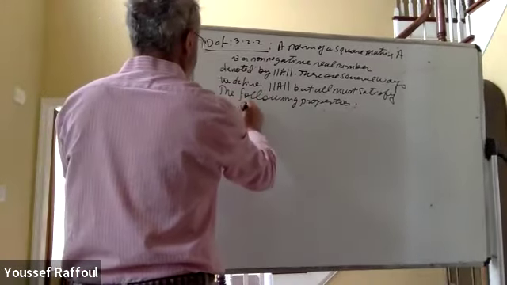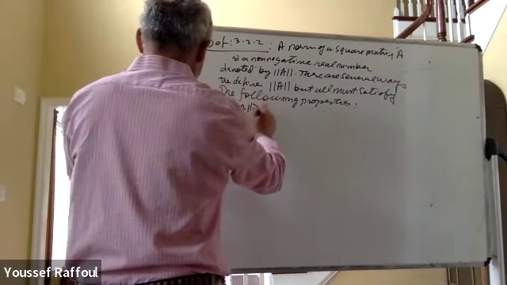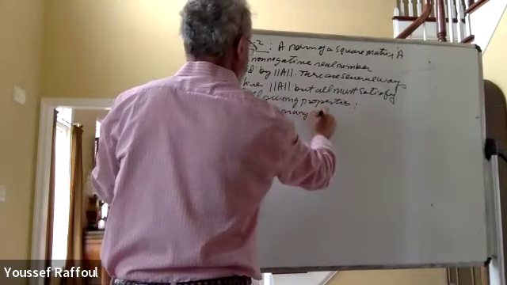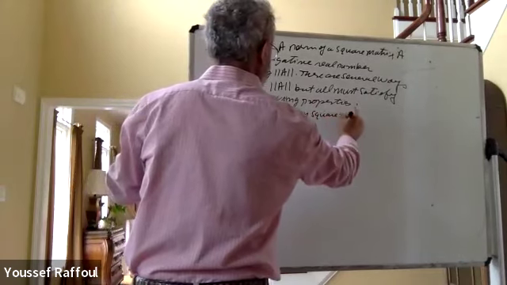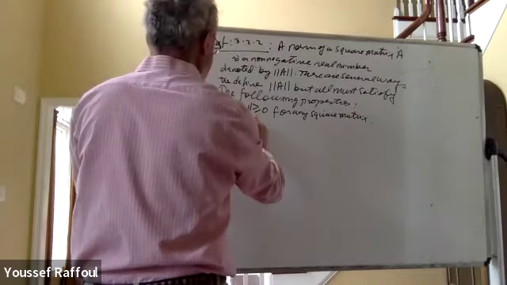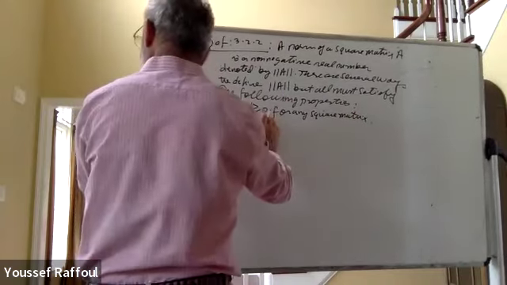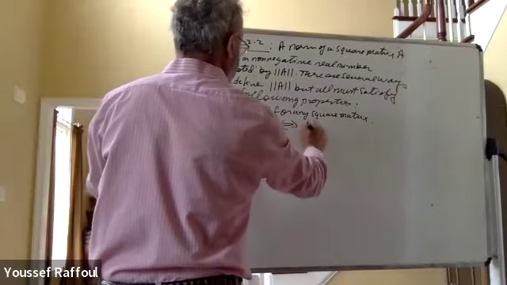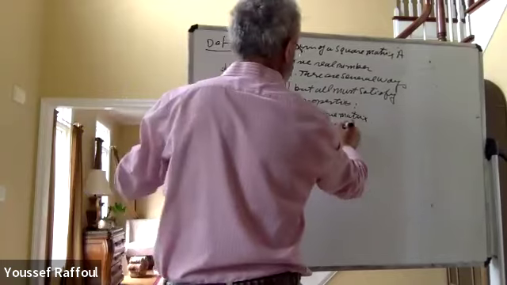One, the norm of the matrix A is bigger or equal to 0 for any square matrix. Two, ||A|| equals 0 if and only if A is a 0 matrix.